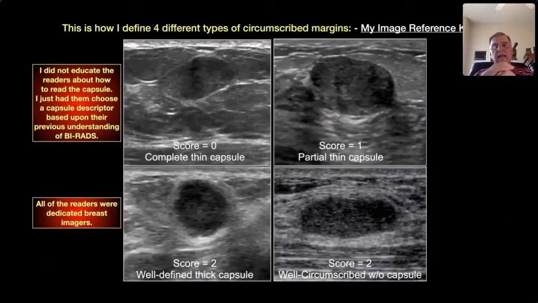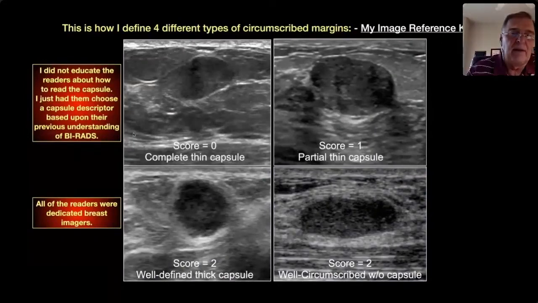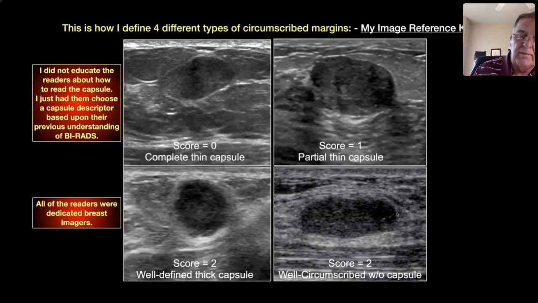So now let's talk about what I think is a deficiency in BI-RADS that we need to fix in the next version. BI-RADS just uses circumscribed margins. I created a scoring system where I took circumscribed margins and created 4 subcategories of circumscribed. So a score of 2 is the current ACR BI-RADS definition. The margins are circumscribed, but I can't see a thin echogenic capsule.